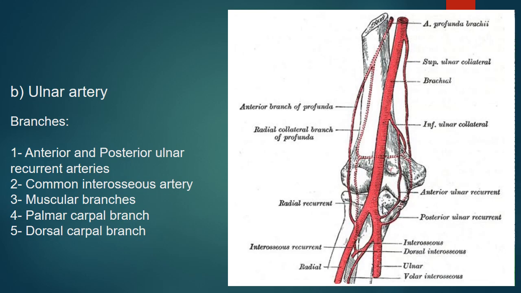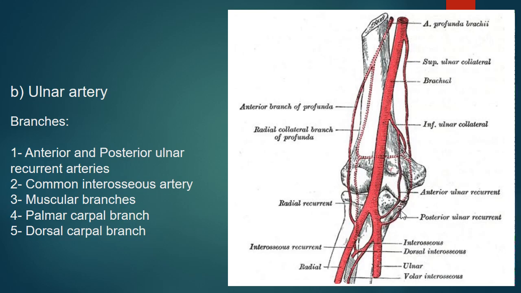They are termed recurrent because they run upwards like this and join the branches of the brachial artery and form the anastomosis around the elbow joint. As you can clearly see in this image, this anterior ulnar recurrent artery runs upwards and joins the inferior ulnar collateral artery, which is a branch of the brachial artery, in front of the medial epicondyle.